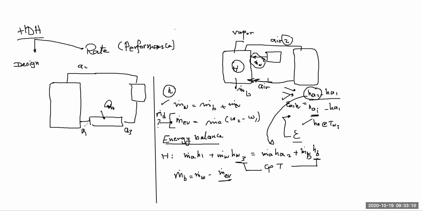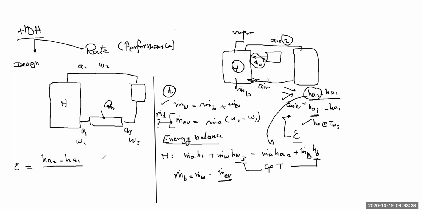Again, the values of the evaporated versus the condensed are not the same, because this is omega 2, this is omega 1, and this is omega 3. And when I'm looking at the effectiveness of the humidifier here, the actual difference is basically going to be H air 2 minus H air 1.